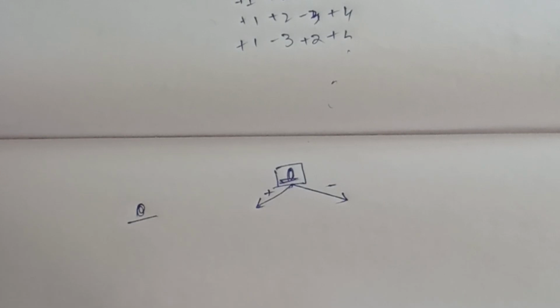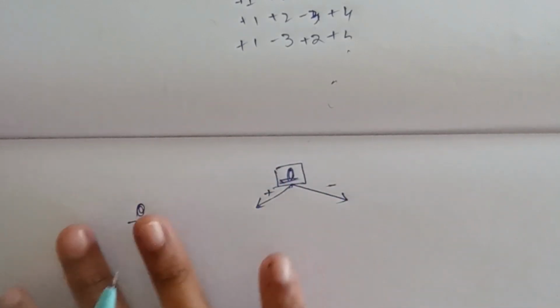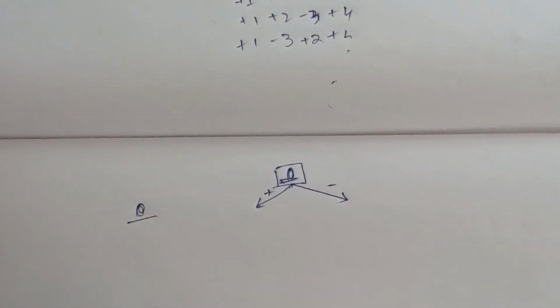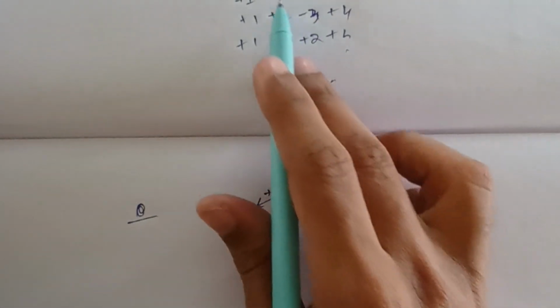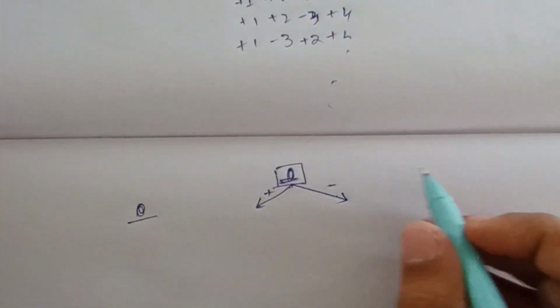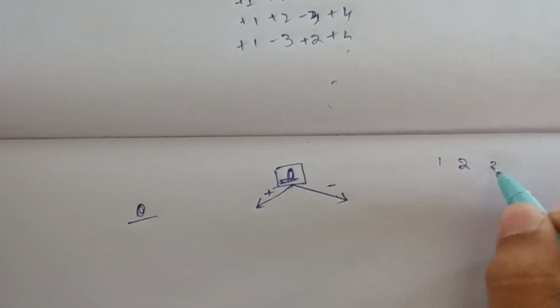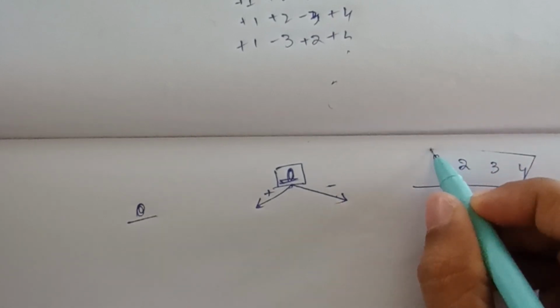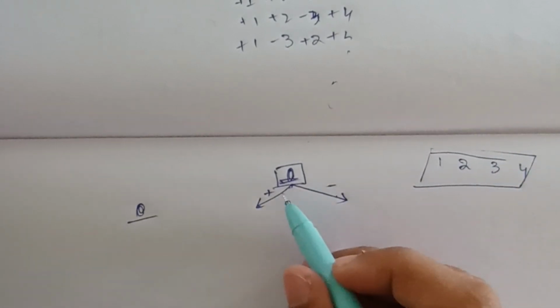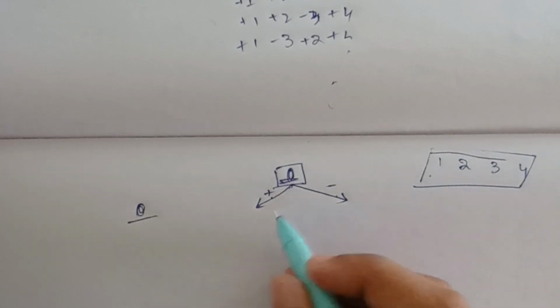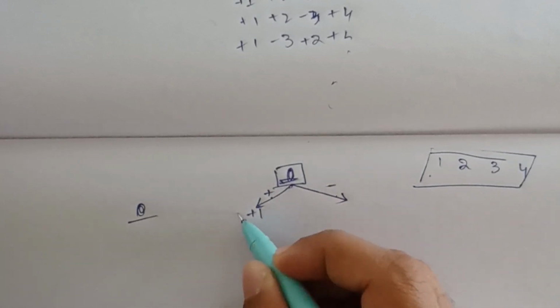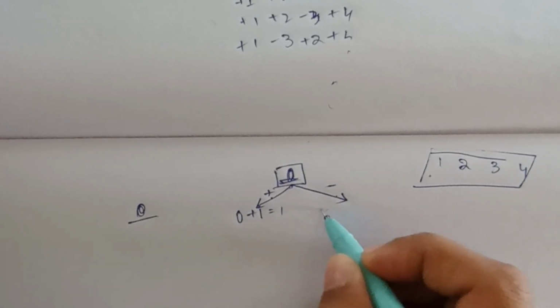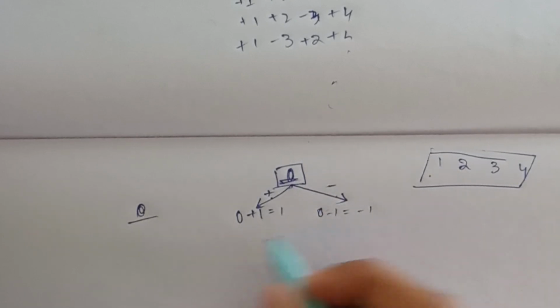At the last, by building a recursion tree, you will get all the values for different expressions. Here we have nums 1, 2, 3, 4, and I'll write these nums again. Now 0 plus 1 is 1, and 0 minus 1 will be minus 1.